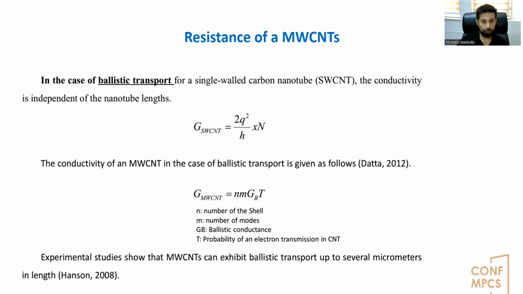Then the conductance of a multiwall carbon nanotube in the case of ballistic transport is N times M times ballistic conductance times T, where N is the number of shells, M is the number of modes, and T is the probability of electron transmission in the carbon nanotube. Experimental studies in the literature show that carbon nanotubes can exhibit ballistic transport up to several micrometers in length in certain cases.